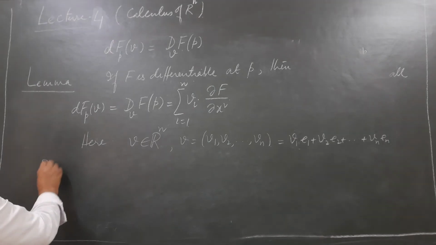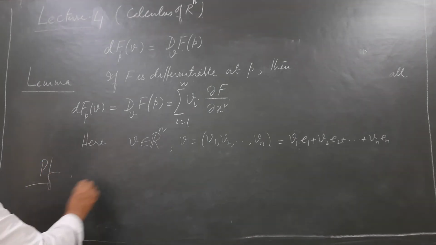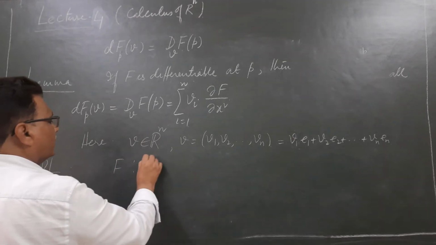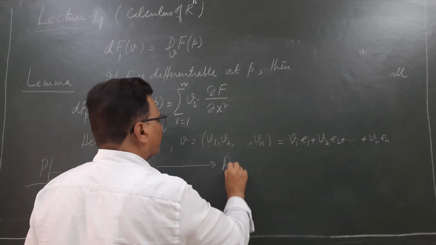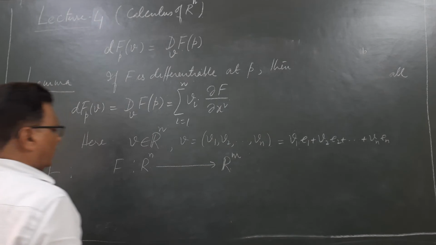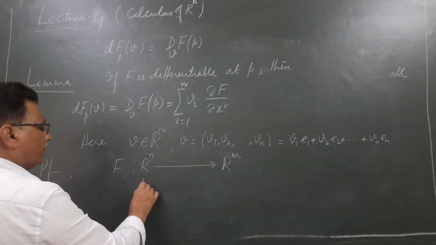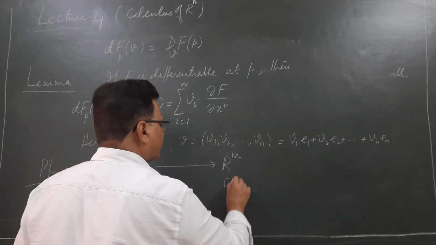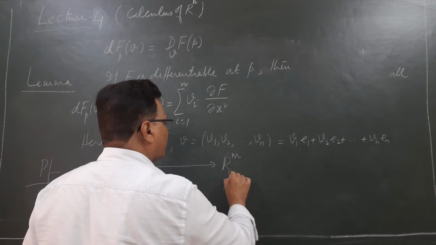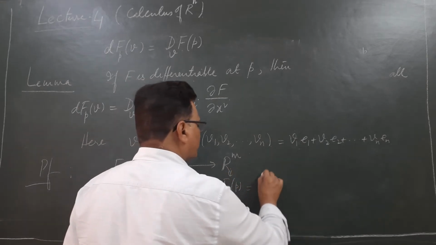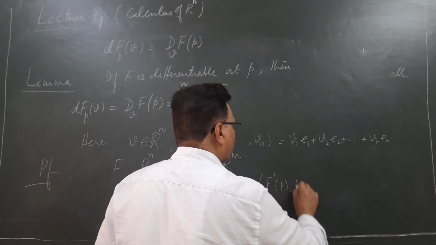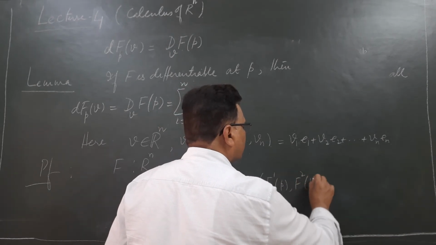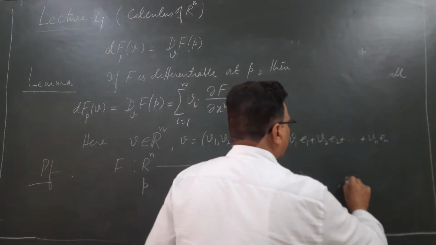So proof. I have a function F from Rn to Rm, and if I pick a point P over here, F(p) will be a vector in Rm. Being a vector of Rm, it must be written as some F1(p), F2(p), and so on, Fm(p).